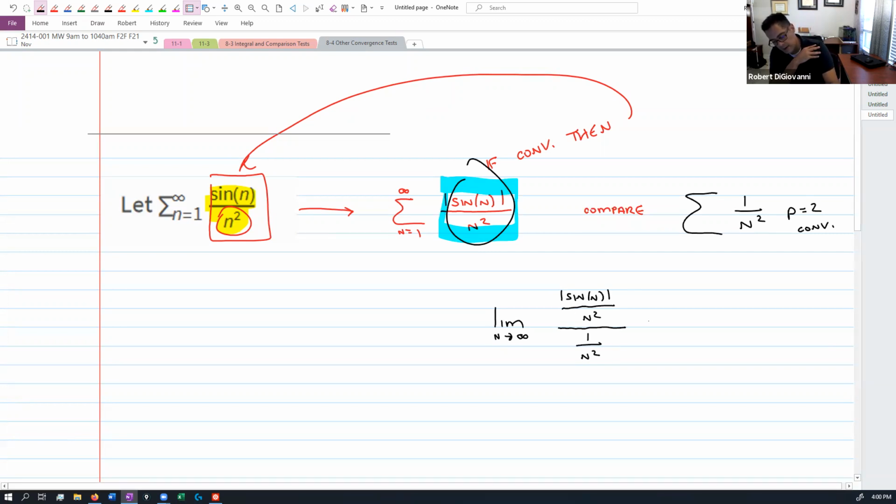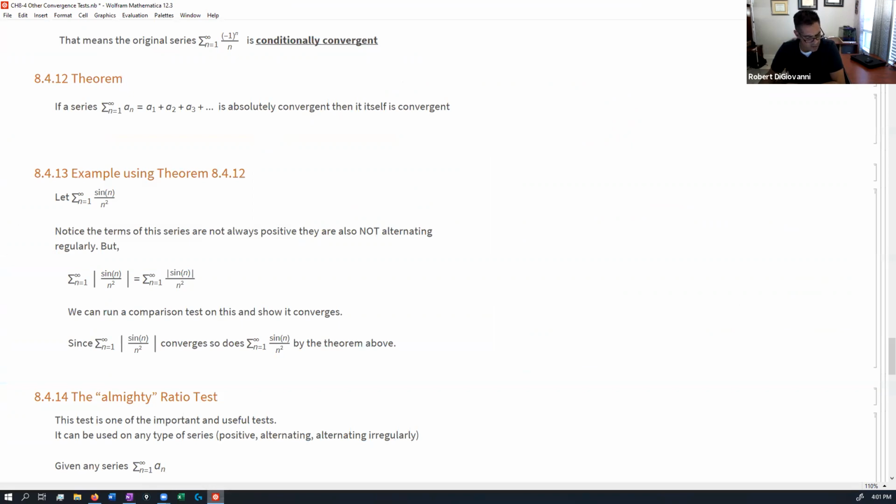See, when I flip it, I get the limit as n goes to infinity of just the absolute value of sine n. And as n goes to infinity, well, that doesn't exist. That limit doesn't exist because that's like this weird scatter plot of things. So that's not going to work. I'm going to have to compare it to something else. Let me see.